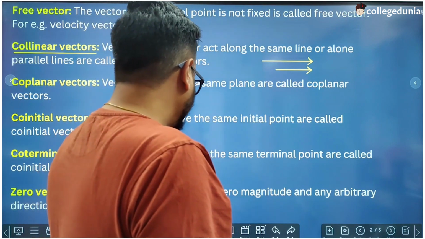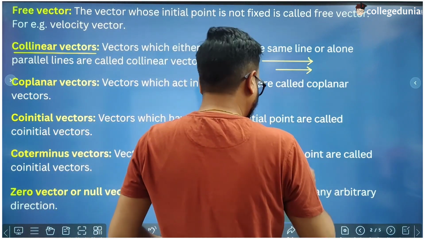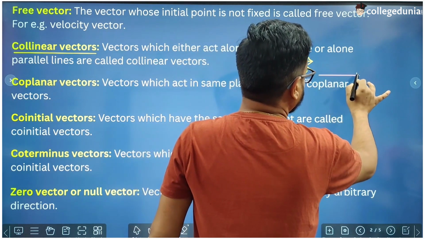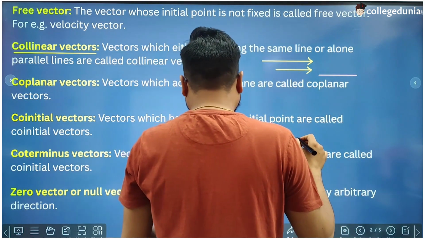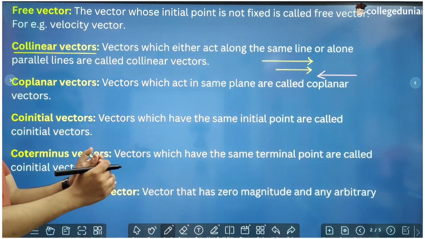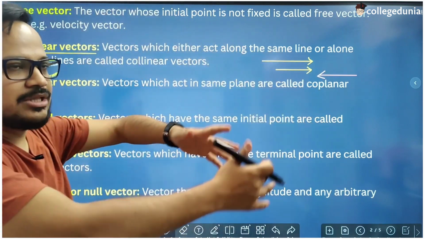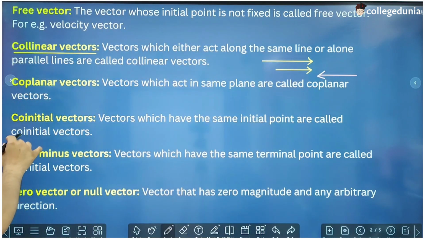And that same line can be in opposite direction also. For example, let us take another vector, this one. So all these three vectors are acting along the same line, but they have different magnitudes and they can have opposite directions. So all these three vectors which are acting along the same line, they are collinear vectors.